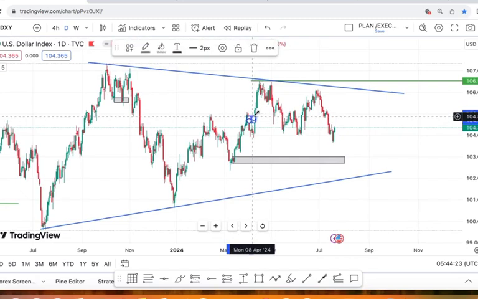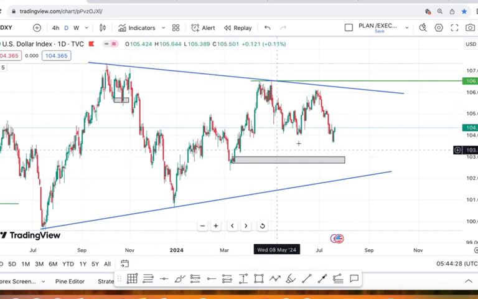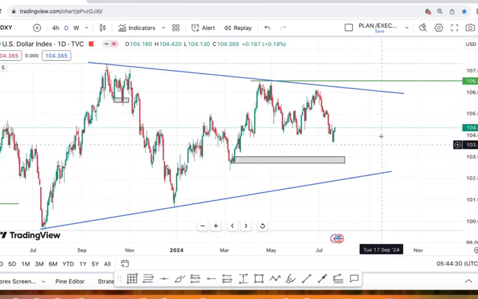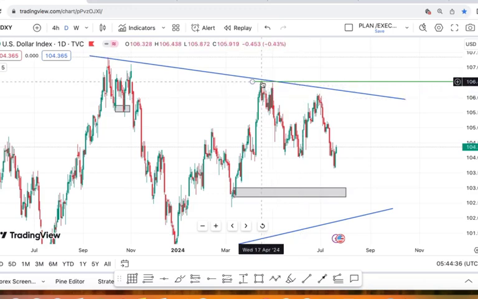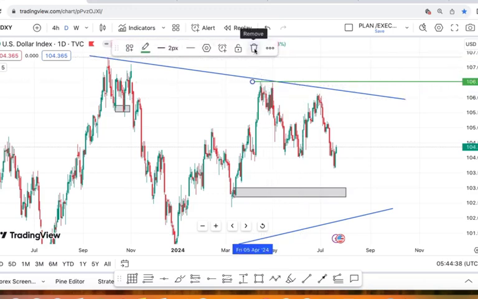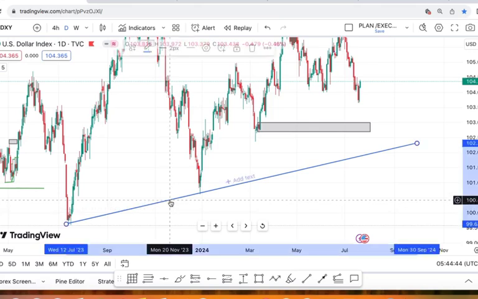I am starting off today. We are looking into DXY, the daily time frame. What has market done so far? I predicted last week that price will take out this high, which it did not. So this high still remains relevant, and we find that price is approaching this downward trend line.